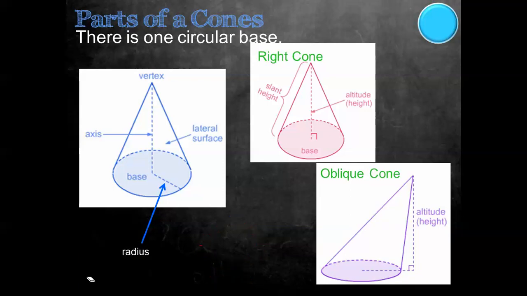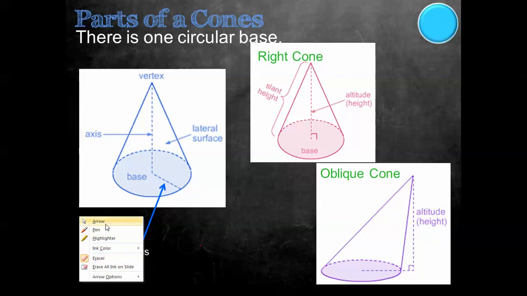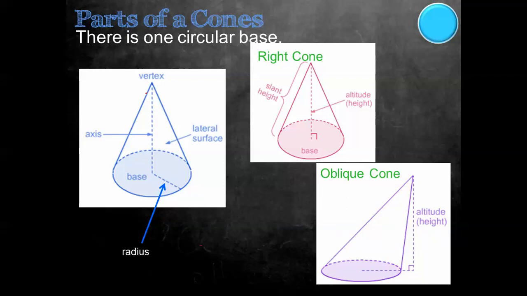The parts of a cone are actually very similar to cylinders, and they're very similar to pyramids. Relating it to the pyramid, a cone has a lateral surface area and they converge at one point called the vertex, just like a pyramid, and they sit on just one circular base.